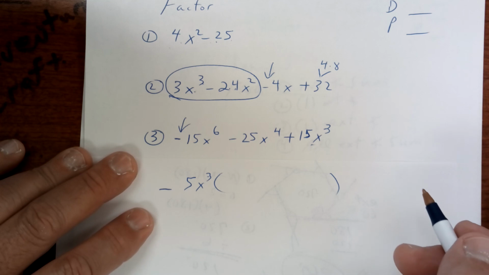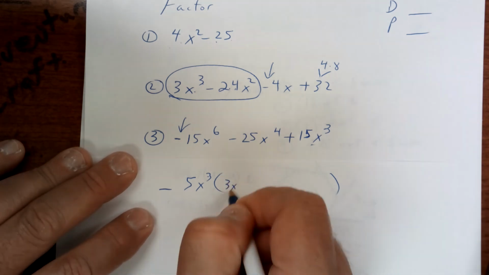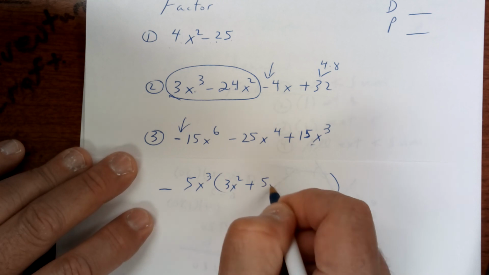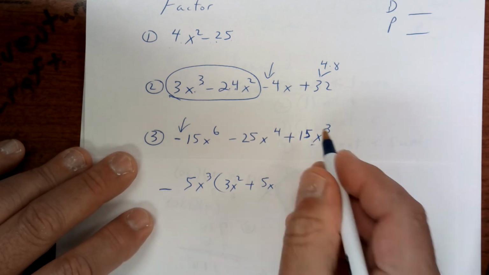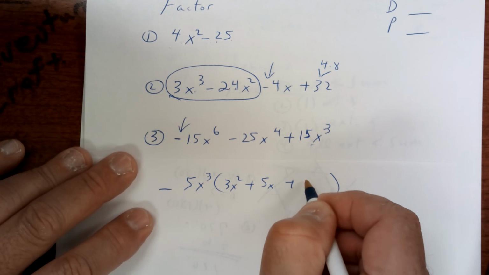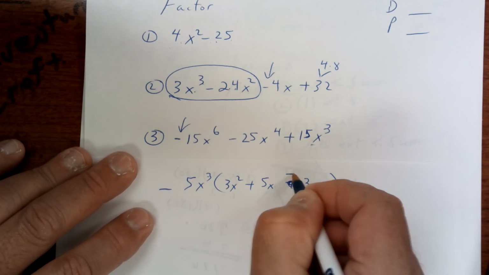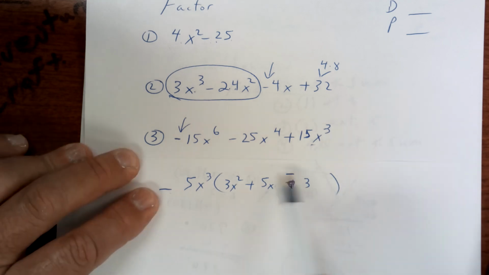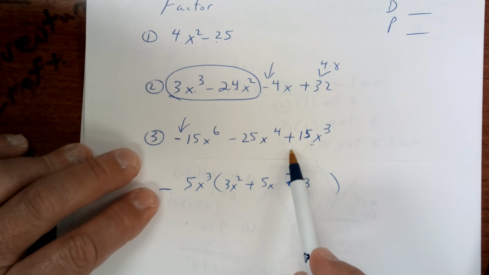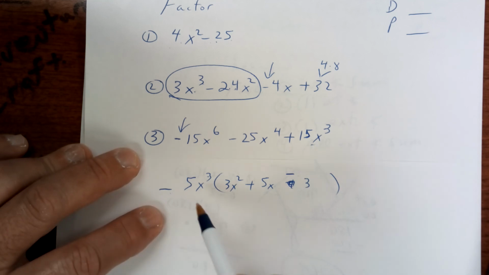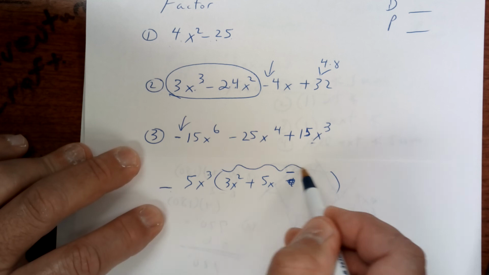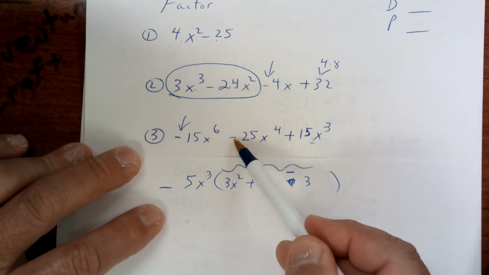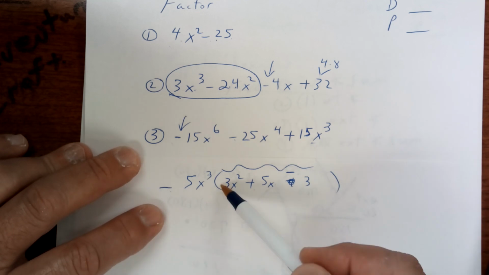So you want to put a 3, an x squared, a plus, a 5x, and then this one right here is going to be a plus 3. And actually it's got to be a minus 3 because a negative times a negative would make positive. Okay, so the signs change right here when you take a negative out. This one changes, this one changes, and that one should change as well.